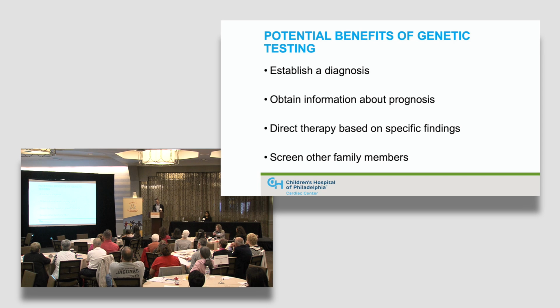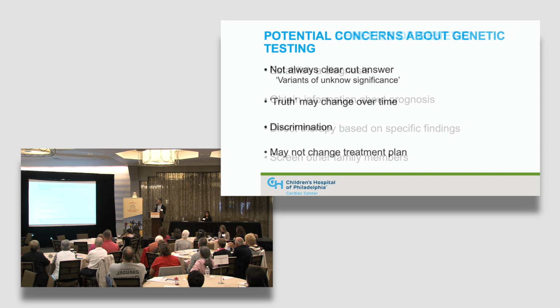Are they at risk for arrhythmias? Are they at risk for developing a heart block or very slow heart rhythms? For some diseases, we do have directed therapy. Unfortunately, that's the minority, but for some, we absolutely do. And it can help us screen other family members so we can understand, well, who else in the family may be at risk for developing a similar condition.